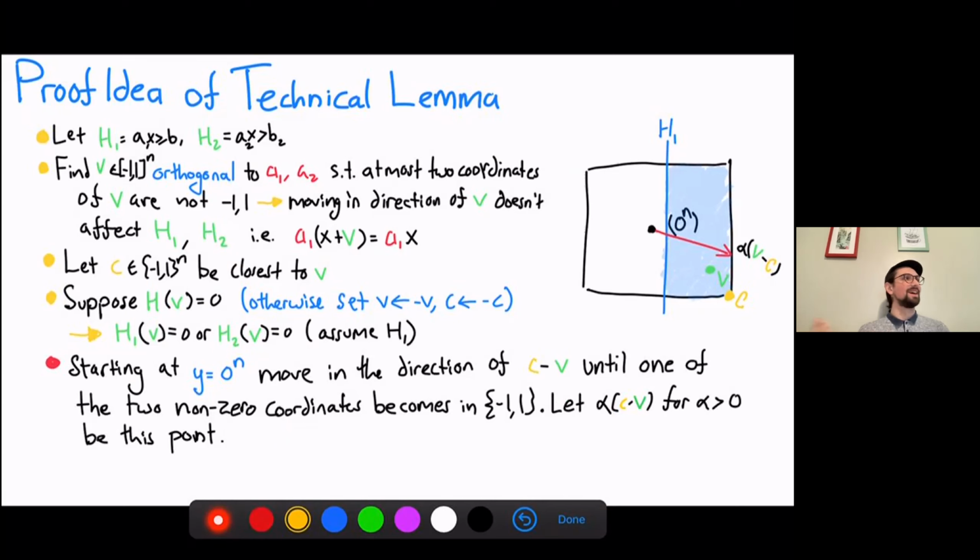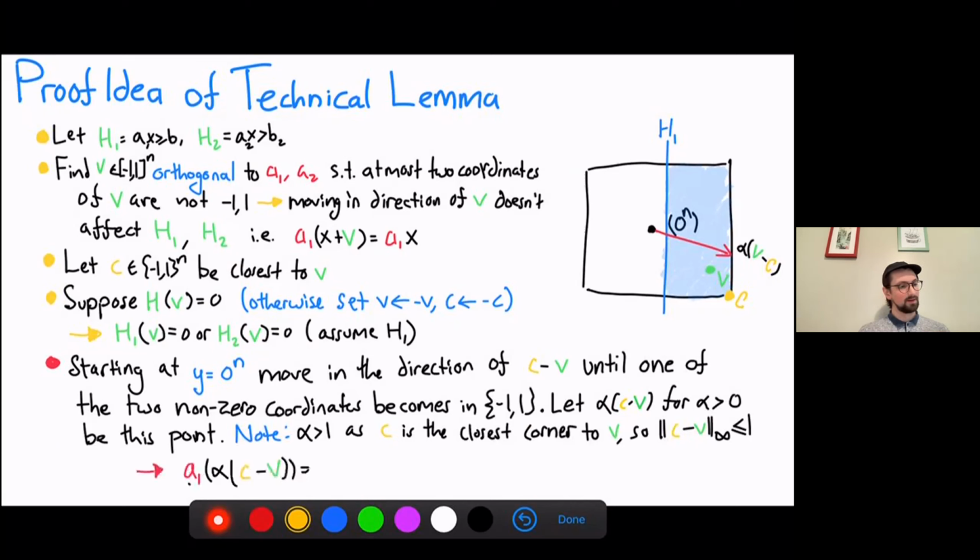And we can assume that alpha is at least 1 because C is the closest corner to V, so their infinity norm is at most 1.